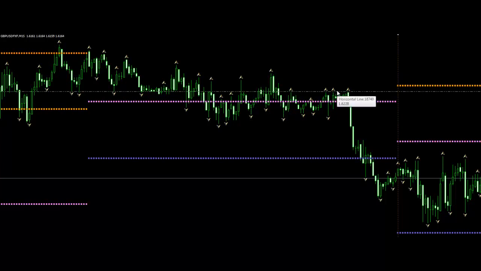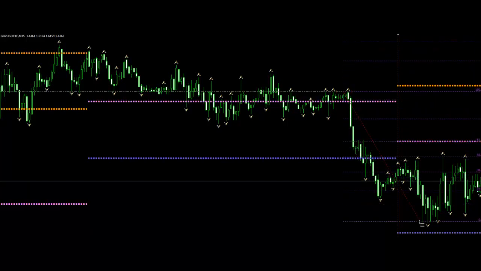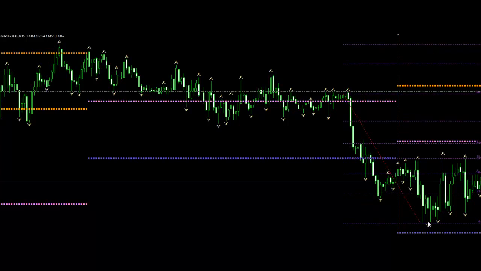So if we take a fib, run it from this equilibrium point, drag it down to the low of the day at this time, right in here, this low, and let's draw this back up because it's just slipped off.